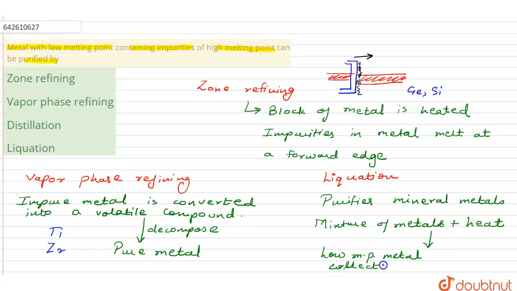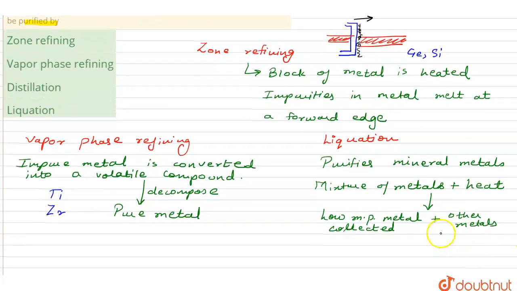Whereas the other metals which are present as impurities in this case are going to have a higher melting point, so these other metals will pose themselves as impurities, and hence the separation would occur.